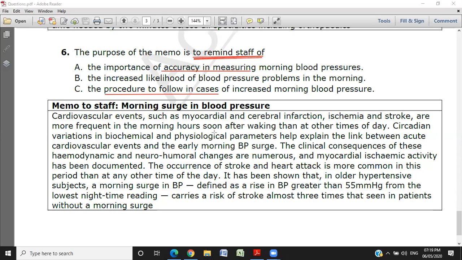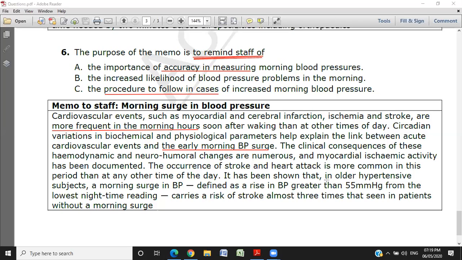They only remind the staff that there is an increased likelihood of high blood pressure in the morning because of the morning surge. So nothing about the procedure to follow. The sentence that alerts us is that it is more frequent in the morning hours. Then they have explained the reasons: because of physiological changes, biochemical changes and circadian rhythm it can happen. And then they have explained that because of that these patients can have cardiac events in the morning.